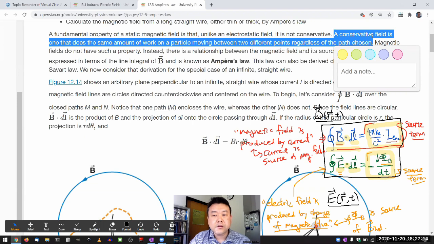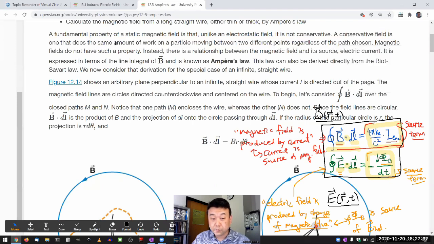We are not talking about the force and work. So we are in the realm of math. A conservative vector field is defined as one where the line integral, like this integral here, is path independent. They chose to describe this integral as the amount of work, and that is true for electric field.